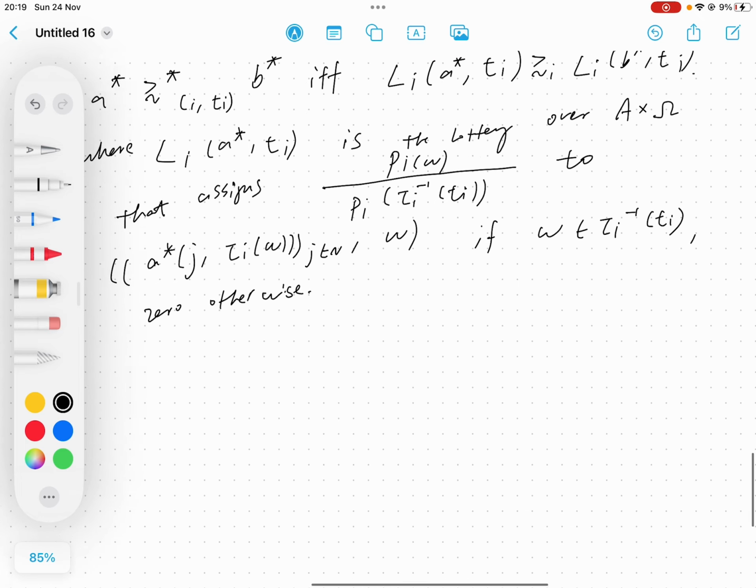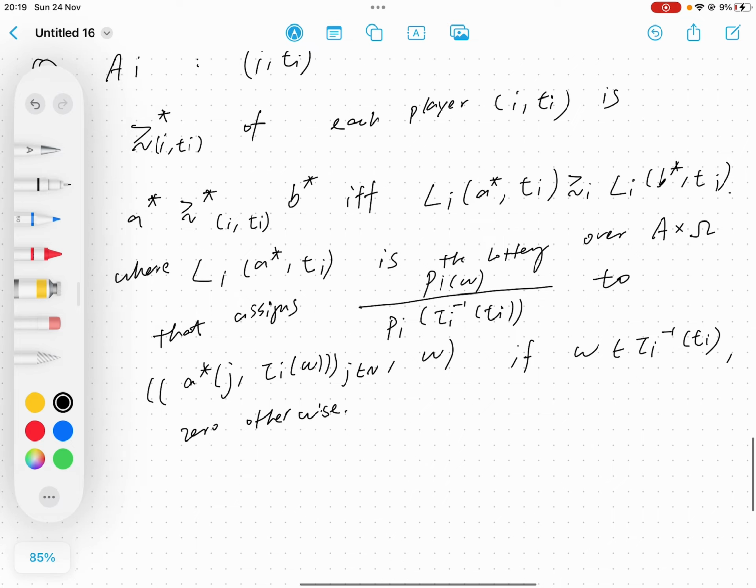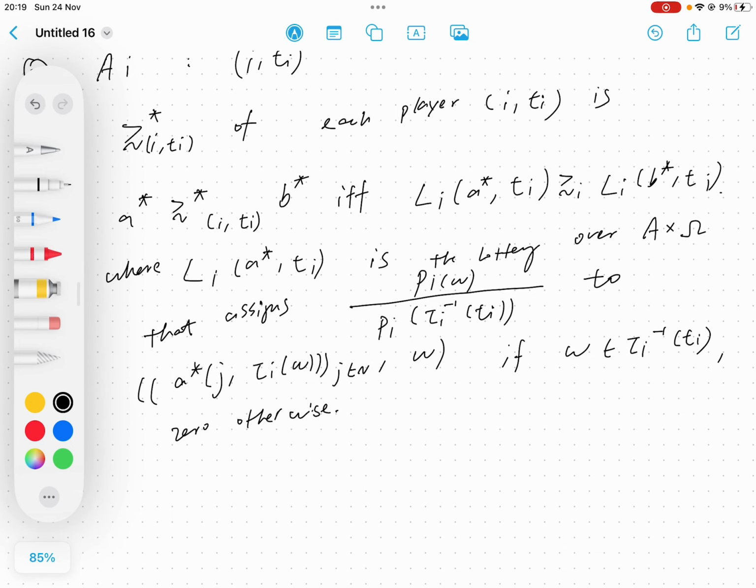We notice that in order to determine whether an action profile is a Nash equilibrium of a Bayesian game, we need to know how each player compares the lotteries or the expected utilities over this A cross omega, where the distribution over omega is the same.